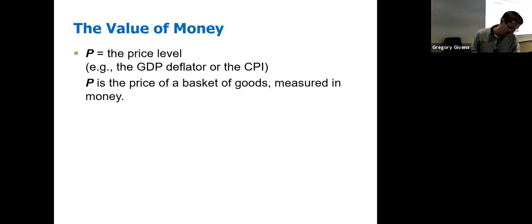The standard way is that the price level, which I'm going to denote with the variable P, and we can think of that as like the GDP deflator or even the consumer price index, measures the cost of a basket of goods and services measured in terms of dollars. So when the price level rises, we're going to have to spend more dollars to obtain the same quantity of goods and services.